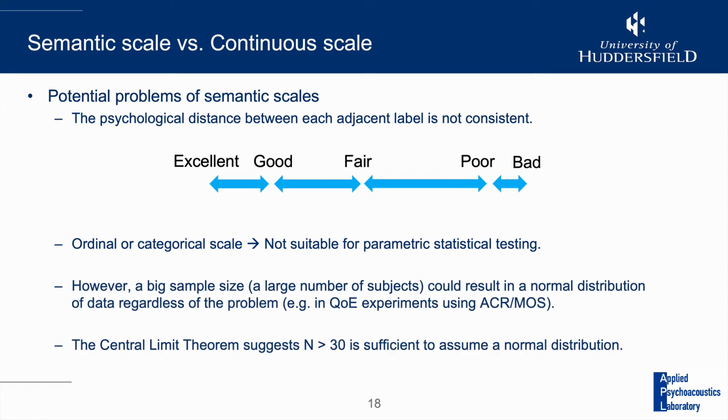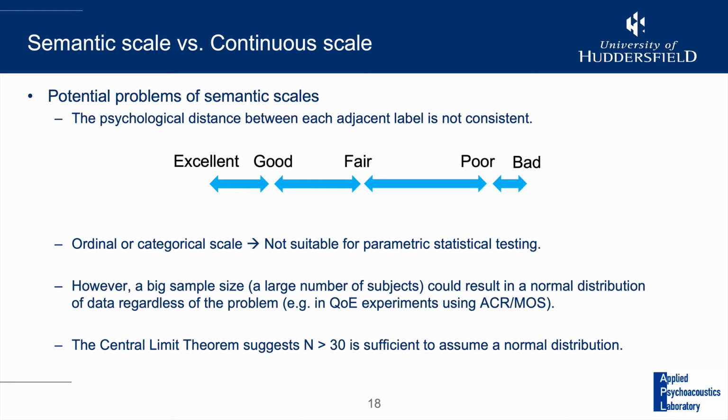However, if there is a large number of subjects used and the sample size is big enough, data could still be normally distributed regardless of the scale type, and parametric testing tends to be accepted in this case. For example, most QoE experiments tend to use the ACR scale and present the result using means and 95% confidence interval, even if the scale is not purely interval.